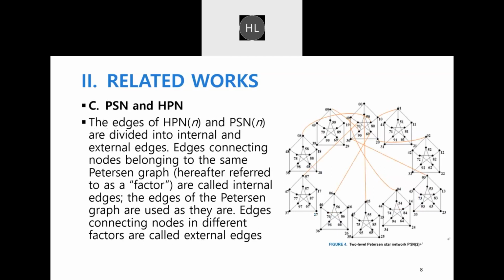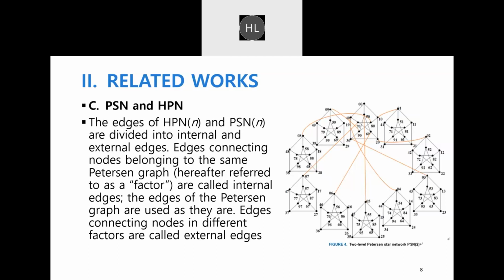And we have PSN and HPN. The edges of HPN and PSN of n are divided into internal and external edges. Edges connecting nodes belonging to the same Petersen graph are called internal edges. The edges of a Petersen graph are used as they are.